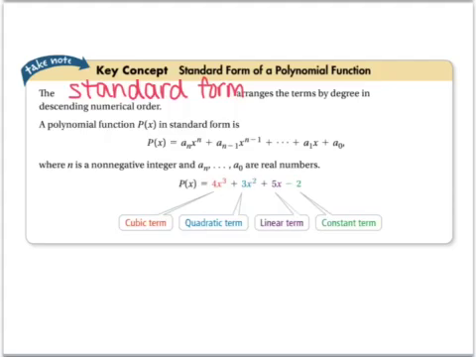It arranges it by degree. We know degree means exponent. So it arranges it by the exponents in descending numerical order. What does that mean? Descending numerical order. What does that mean? Kyra?